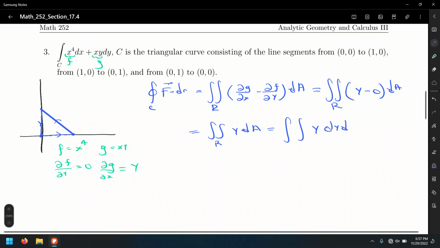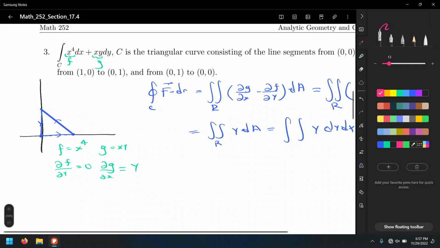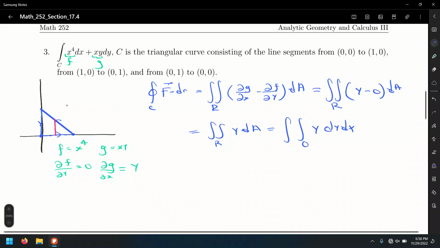So dy dx. The limits in the y direction are top minus bottom, that is, whatever the equation of that line is minus that horizontal line. In this case, it's going to go from 0 to the equation of this line.